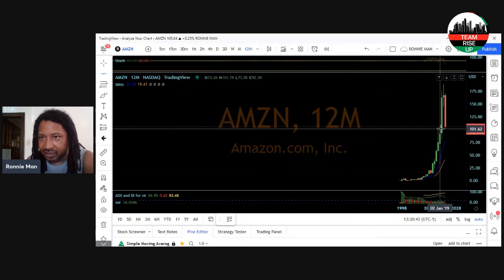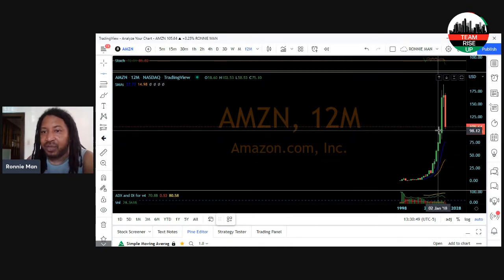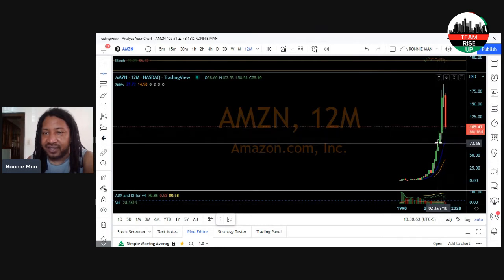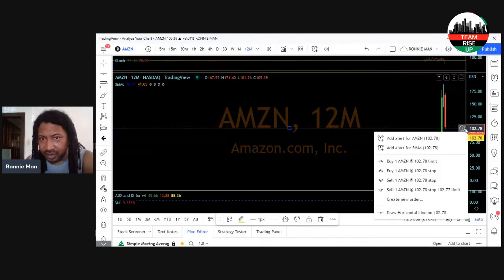The next candle didn't go as high. That means, and this big wick, this big topping tail means that we have hit resistance on this candle at 102.53, right? All right, we'll just put it there.